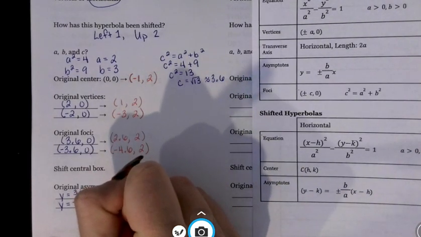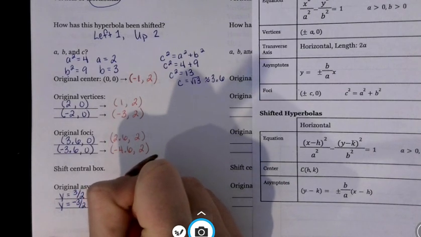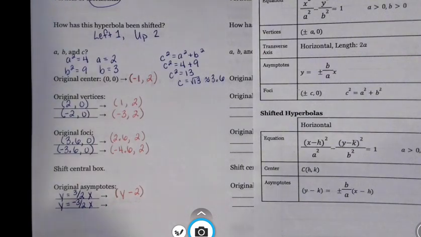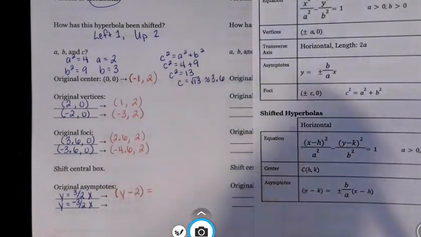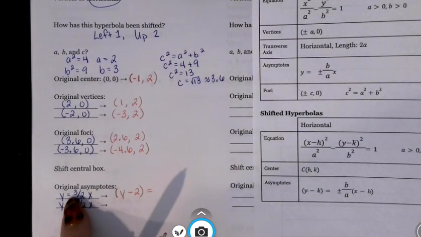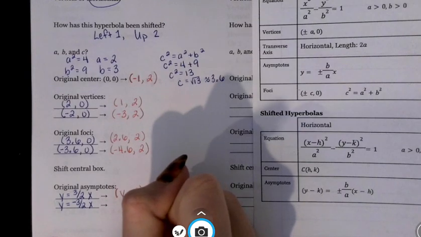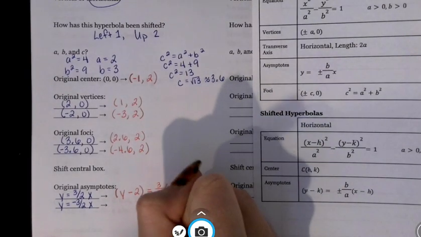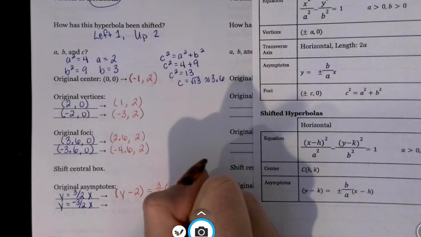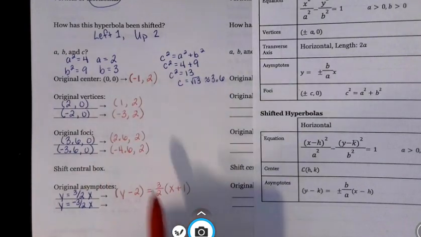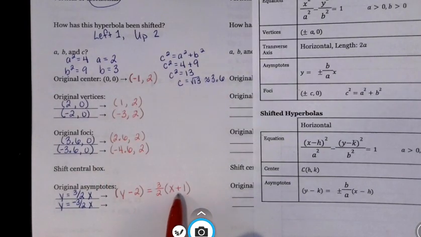So I'm going to do y minus 2, because k was 2, that was from our center, equals, I have plus or minus, so I'm going to keep doing the positive version since this was the positive version, b over a, so 3 over 2, that didn't change, and then I have x minus h, so x minus a negative 1, because I know my h is negative 1, would turn into a plus.